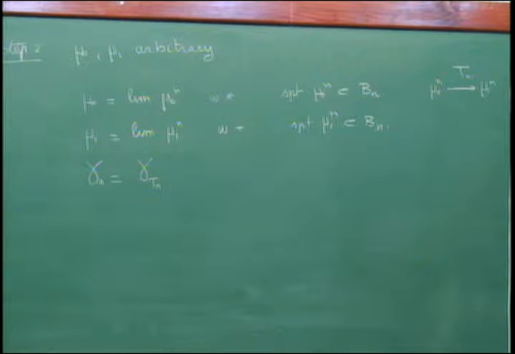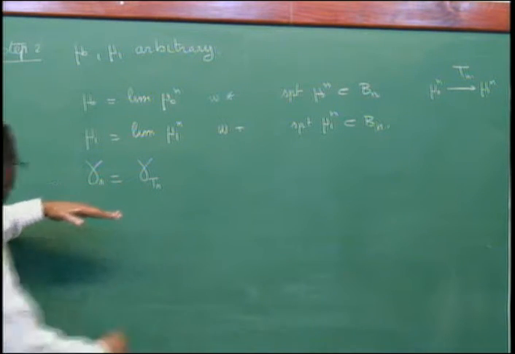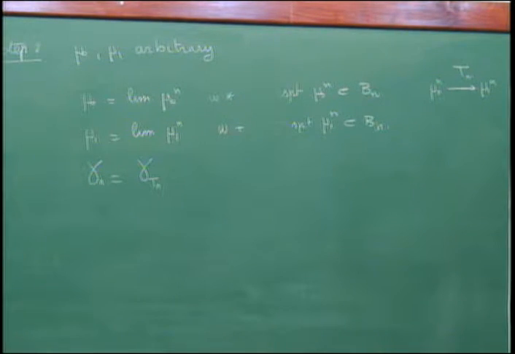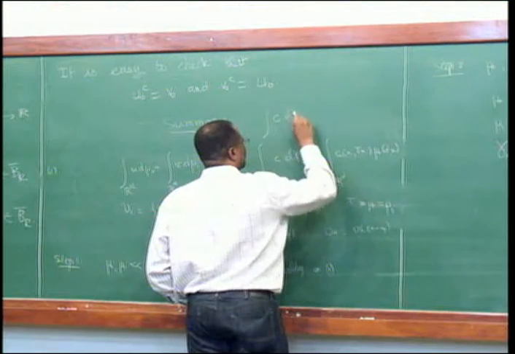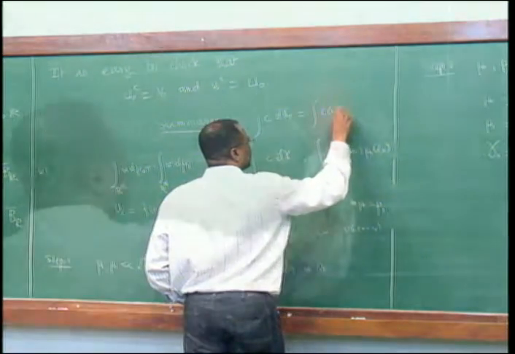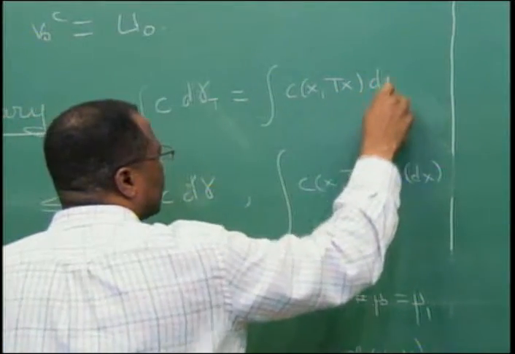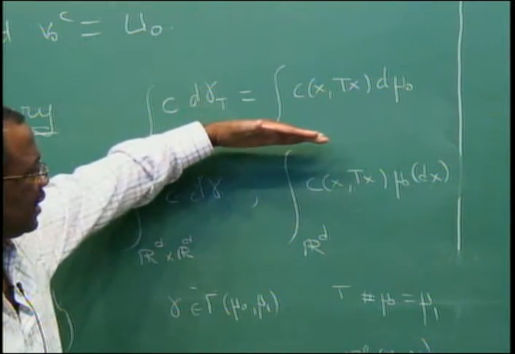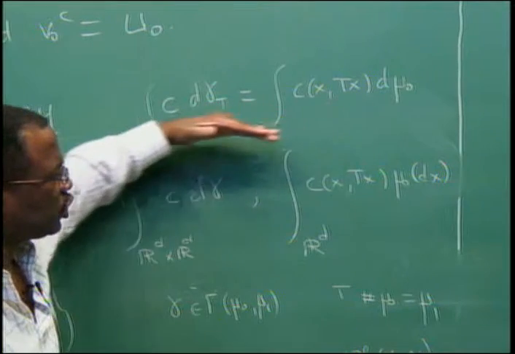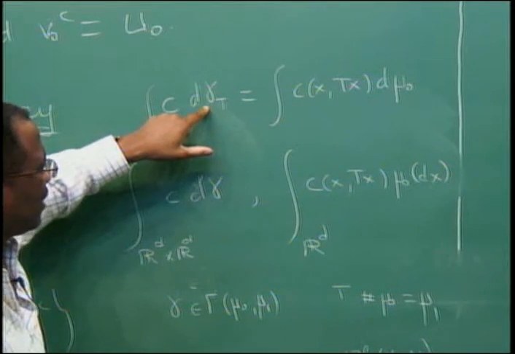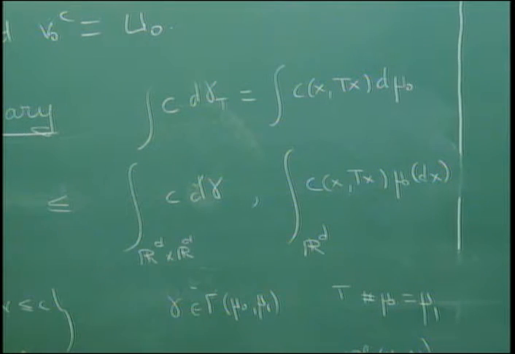And since we said that the cost function of Kantorovich and Monge, these two cost functions, they coincide when gamma is given by a map.